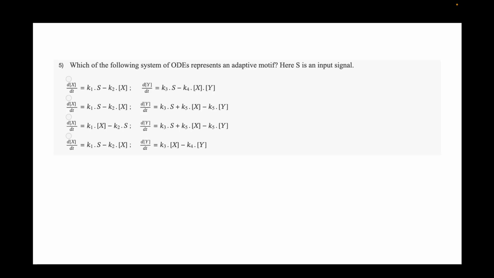Like, if you change the signal of one of them, the other one does not get affected, or it remains in that steady state. So that is how we define an adaptive motif.